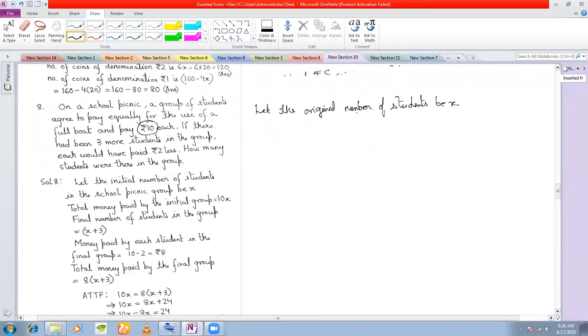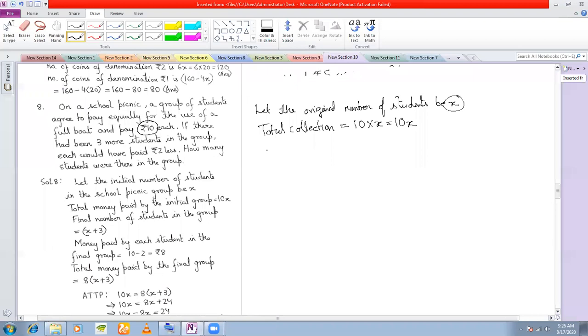Rupees 10 each. When there were x students, each one is paying rupees 10. So what is the total collection? 10 rupees each student into the number of students. 10x is the total collection.